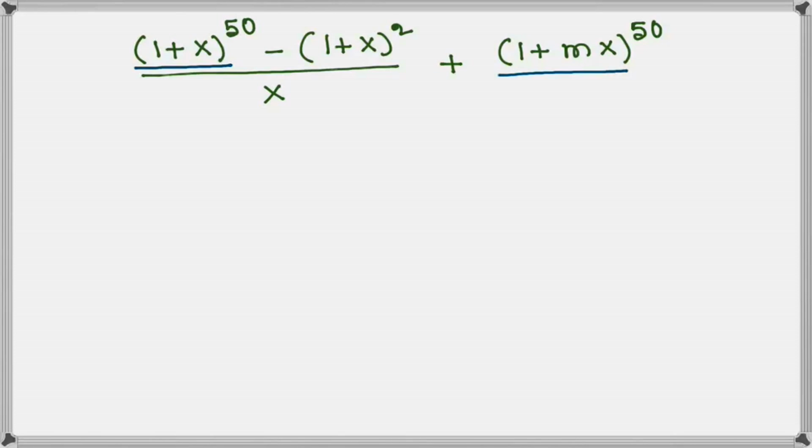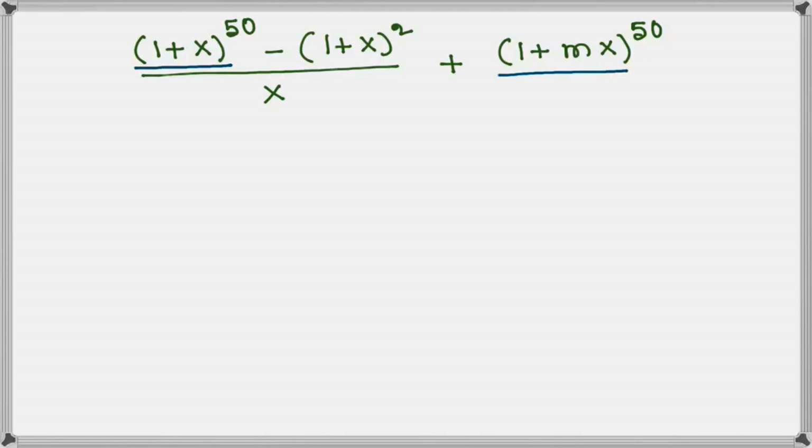And from the sum (1 plus x) square, we will not get any contribution to the coefficient of x square in the given sum in the question, as in the denominator we have here x.